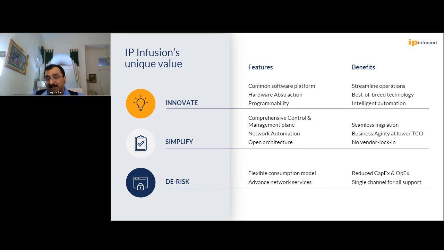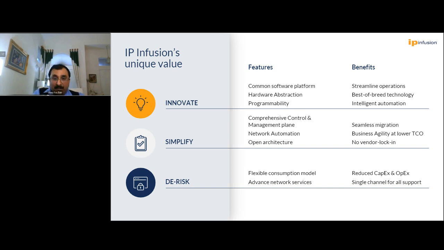And network automation at scale, the ability to bring all these diverse network elements into a common framework. So it allows you to go from the networks of today into the network of the future, offering you that seamless migration. So business agility to offer services cheaper, better, faster at a lower TCO without any kind of vendor lock-in.